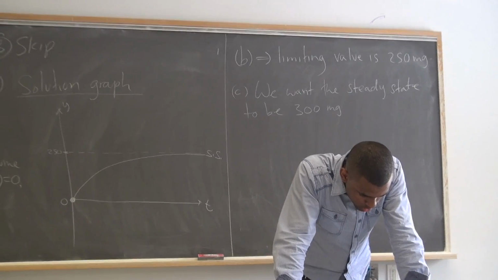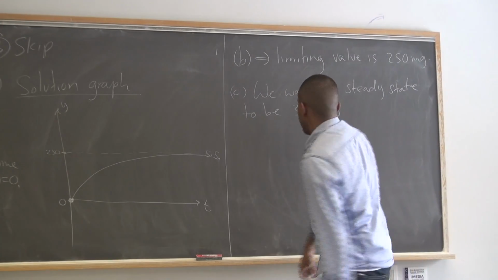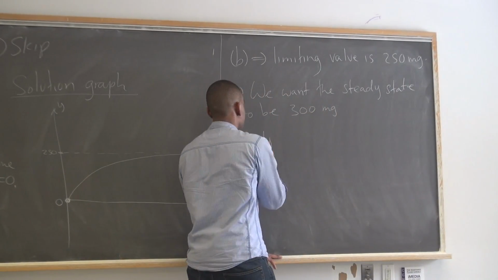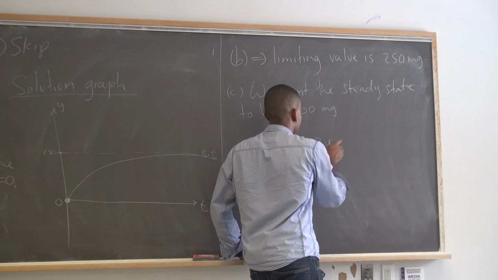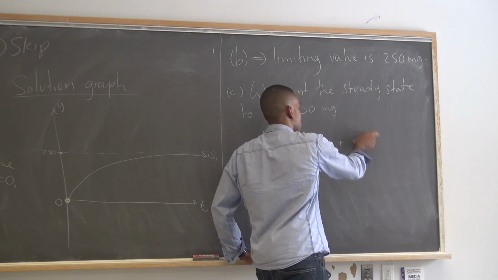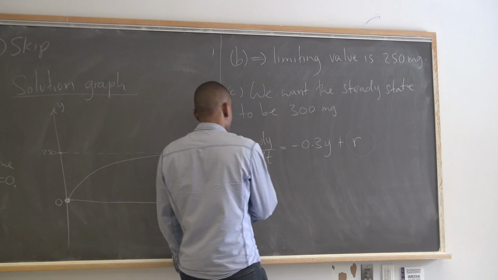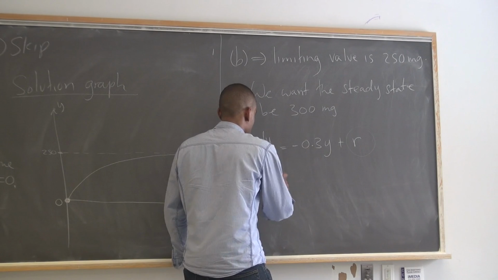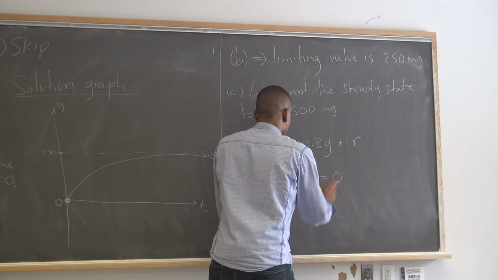At what rate should it be set? So basically you have dy/dt is equal to minus 0.3y plus r. And we want to find that r so that our steady state is at 300. Well, this means we need minus 0.3y plus r equals 0.